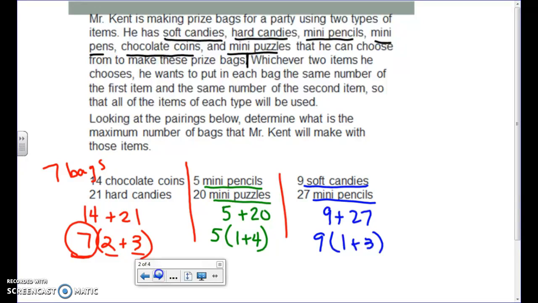Okay, so I'm going to go back to this first example in the red here, and I'm going to draw a picture for you so you can kind of get the idea. If I have 14 of the chocolate coins, and I have 21 hard candies.